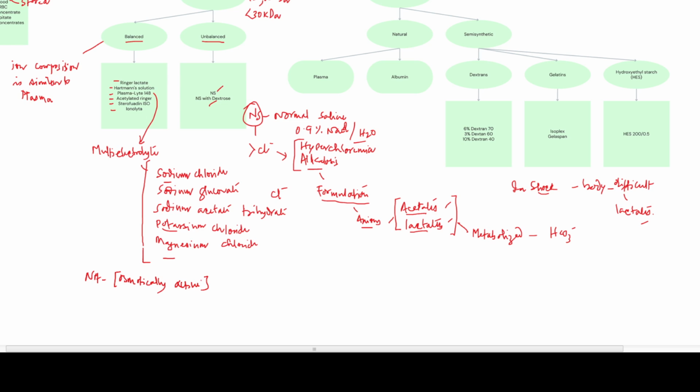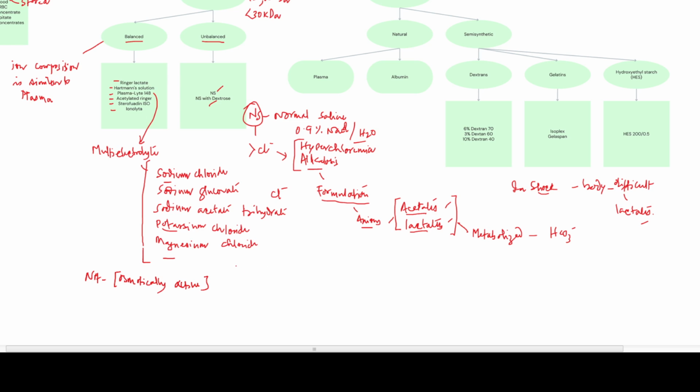It's relative, right? Relative to colloids, they are not very osmotically active, which means if we inject a crystalloid solution intravenously, it's not going to remain in the blood vessels in any sufficient quantity.